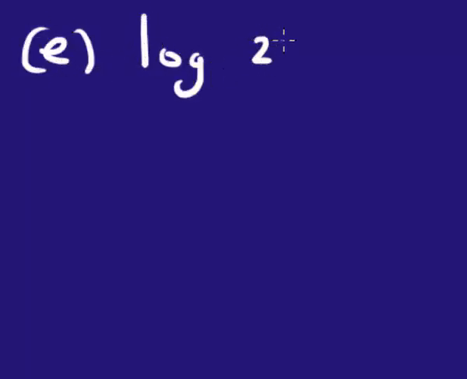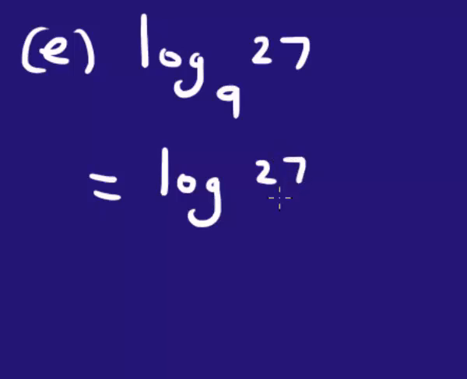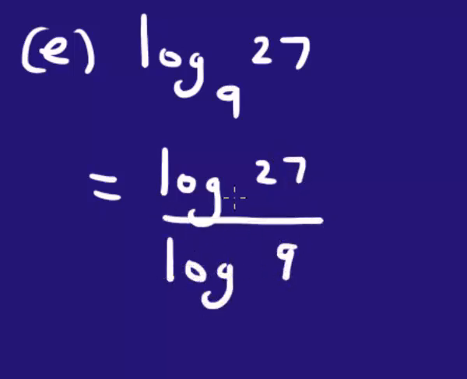The other one is the change of base rule. Again, they're not really going to test you on this, but I just thought I'd expose you a little bit to these rules. Log 27 to base 9. Well, you can't do much with the 27. 9 to the what is 27? But what we can do is change base. You can change to any base you want, and if we could, we would change to base 10. That's always your easiest bet.